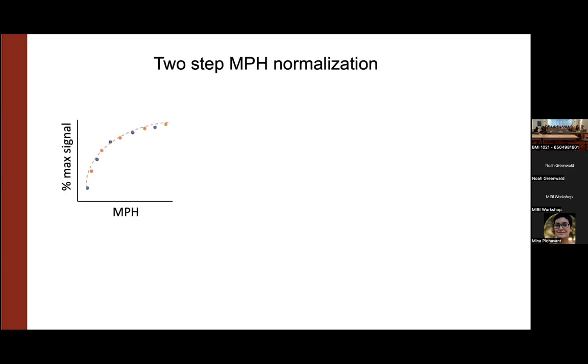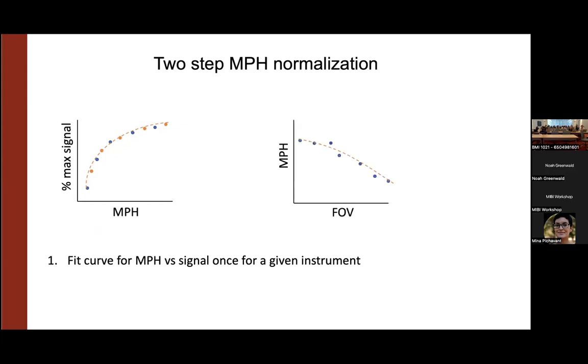So what do we do with that information? We use that to figure out what the normalization constant should be. As I mentioned before, we already constructed this MPH versus maximum signal intensity curve from doing the detector sweep. We only have to do that once. This is something that is intrinsic to the instrument. It just says, for this value of MPH, what fraction of the maximum does it correspond to?